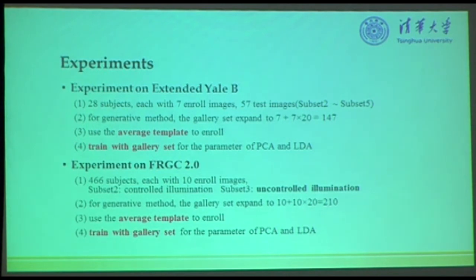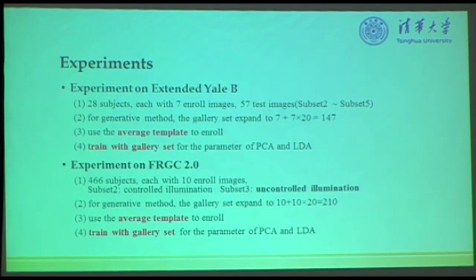And the number of the subjects and the enrolled images and test images are shown in the slides, and we use the average template to enroll, and we train the PCA and LDA parameters with the gallery set.